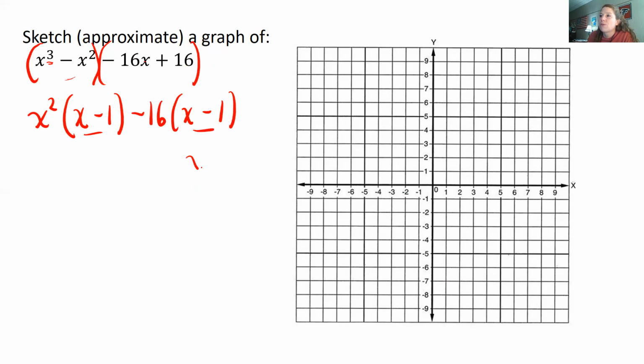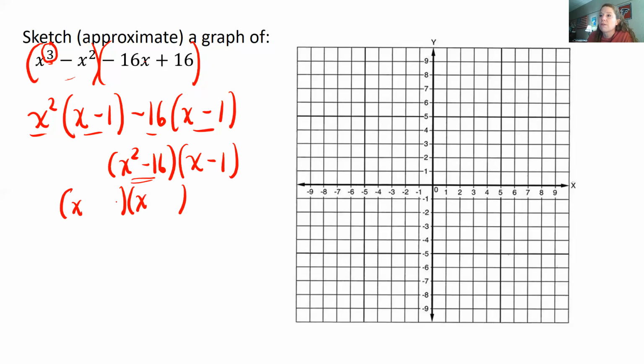So one of our factors is x minus 1. Then we're going to put these 2 factors together. So we get x squared minus 16. But we don't have 3, do we? But then when you look at this one, you realize, oh, wait, this is the difference of perfect squares. So we find the square root of x squared, find the square root of 16, and then one gets a plus and one gets a minus. And then we bring this one down.